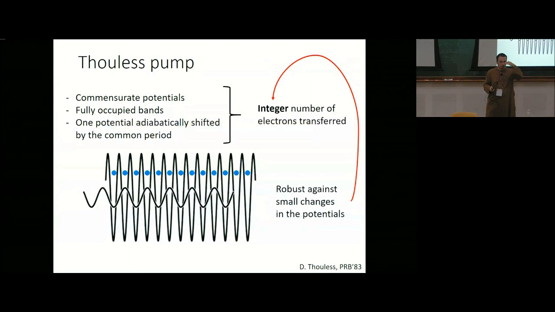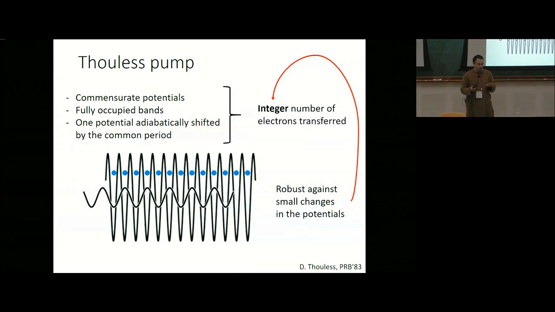Integers can change only in jumps. And that means that if I pump 2 electrons and I change my parameters by a bit, I will still pump 2 electrons. If I change them by a lot, maybe I will start pumping 3 electrons or 1 electron a cycle, but the pump is robust against small perturbations. That's the Thouless pump.